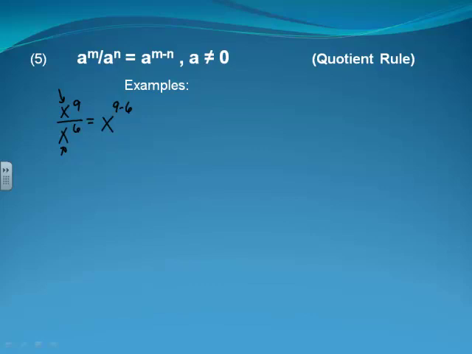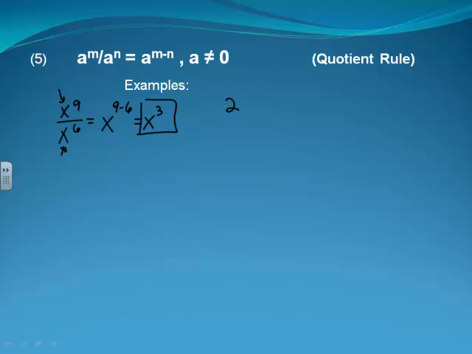Order is important. Subtraction is not commutative, so you must take numerator minus denominator when you're subtracting exponents. All right, 9 minus 6, of course, is x cubed, and there's really not much more we can do with that since we don't know what x is. That's your simplified answer.